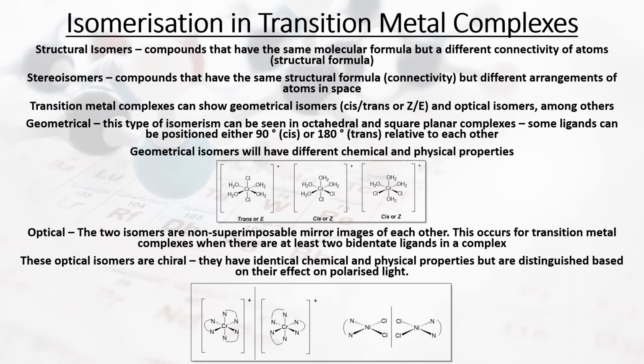If you're not so sure about chirality, go back to my video on optical isomerization. This optical isomerism means that our enantiomers have identical chemical and physical properties. They're only distinguished through their effect on polarized light. One enantiomer turns it clockwise, one enantiomer turns it anti-clockwise. That's the only difference between the 2 of them.